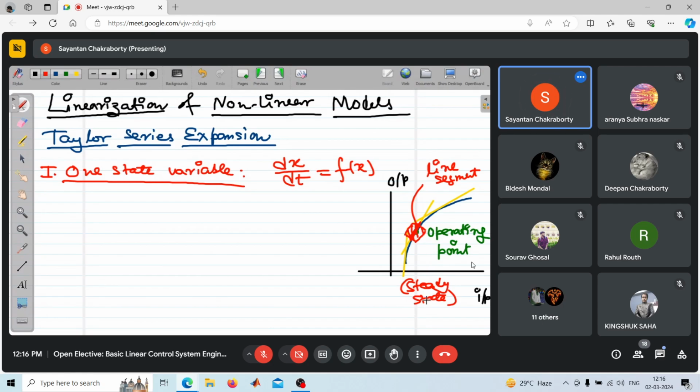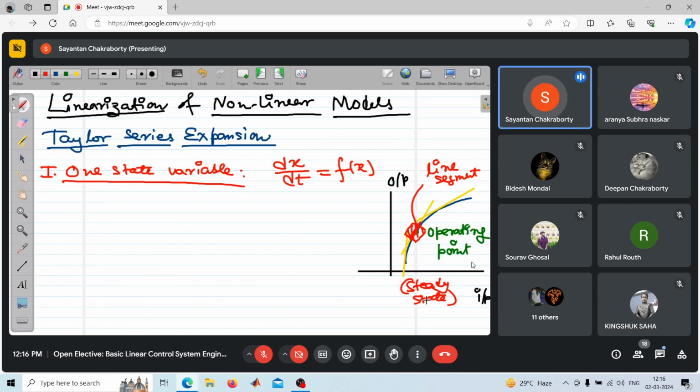then the process will be linearized in this small neighborhood around this steady state nominal operating point by a gradient, that is the slope of the straight line, indicated by this small segment of straight line.